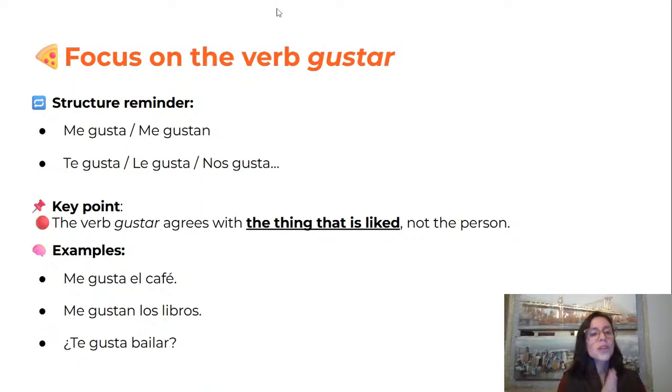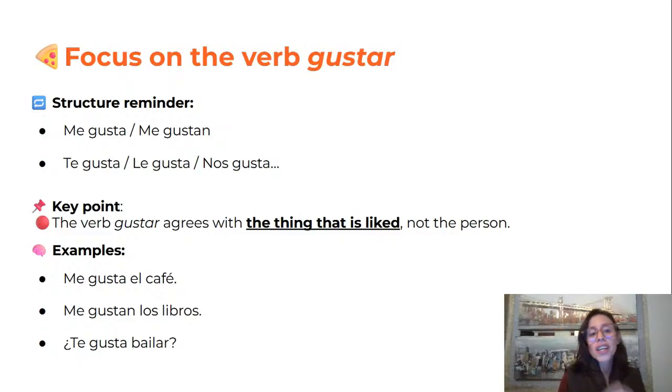But when we actually use the verb gustar, we add something else that wasn't taken into account when I read the different conjugations from the verb gustar, right? We say me gusta or me gustan, or even te gusta, te gustan, le gusta, le gustan, nos gusta, nos gustan.